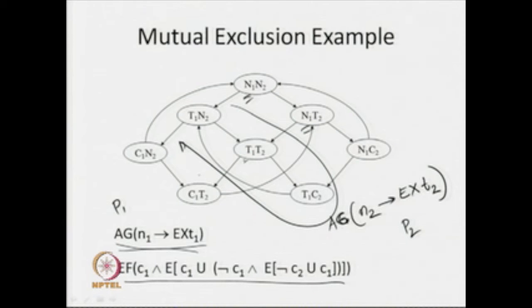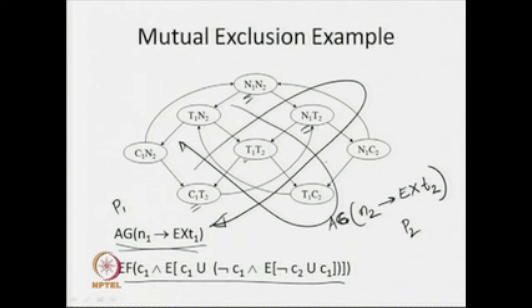So, similarly, I can look into this particular path now. Okay. In this particular path, what will happen? Always process P1 is going into the critical section, at no point of time process P2 is going into the critical section. You just see that. That means, in this particular path, I am allowing process P1 to enter its critical section. Okay. So, in between process P2 is not getting any chance.